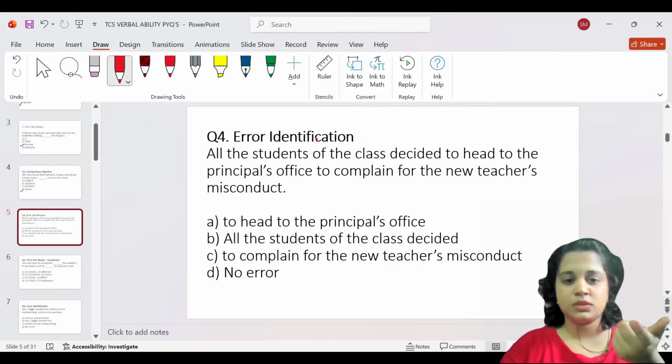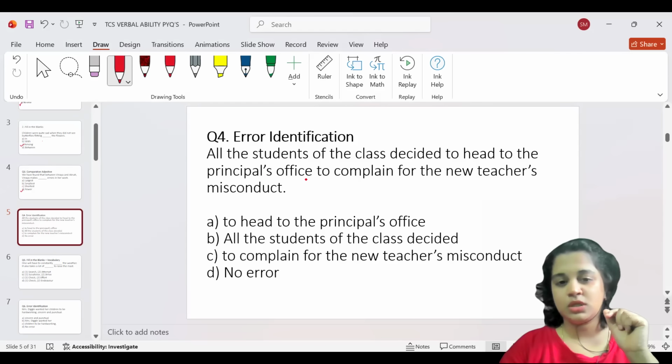So the subject is all the students. The object is the class. And decided to head, this becomes your verb, being an action word. To where? Anything that answers the question where is your adjunct. So the principal's office becomes the adjunct. To do what? To complain the new teacher's misconduct.